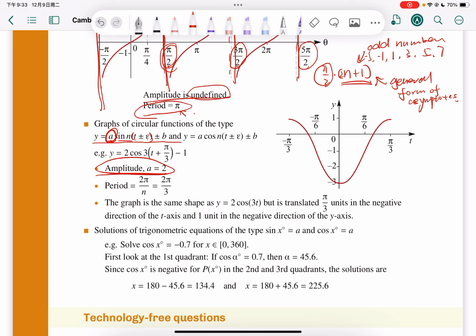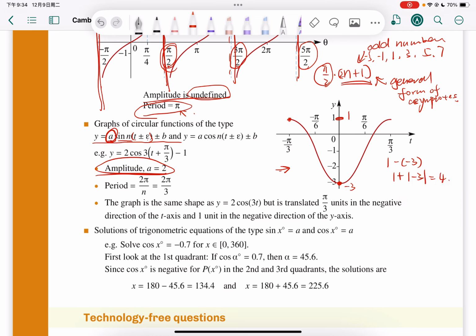So if we look at this graph over here, we can tell the amplitude is actually 2. How can you tell it? If we have the top point, which is 1, and the lowest point, which is -3, we take the modulus of them, or you can say 1 plus 3, which is 4, then you divide by 2.